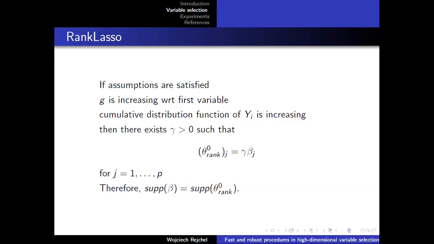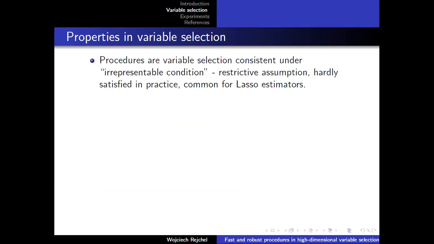Okay. A few general remarks about our procedures. As with many Lasso estimators, we can prove that they are variable selection consistent if some additional restrictive assumption is satisfied, which is called the irrepresentable condition.